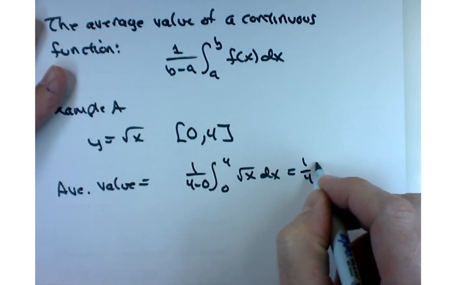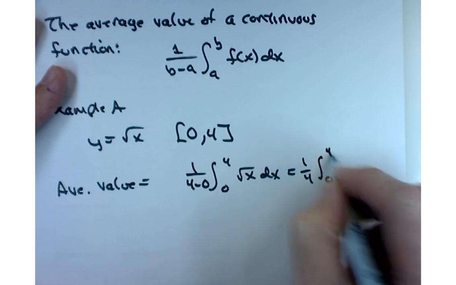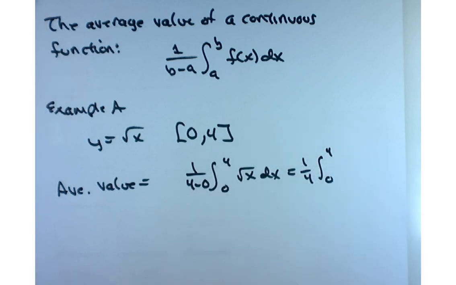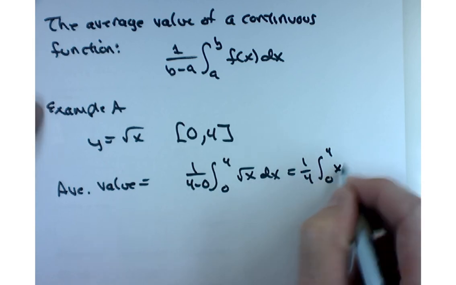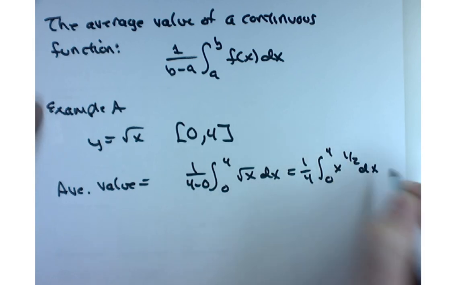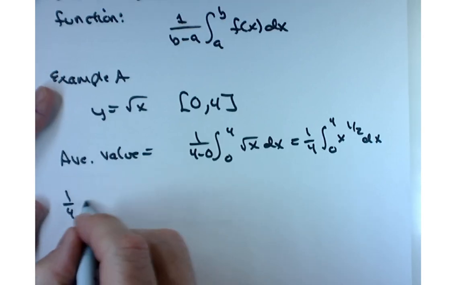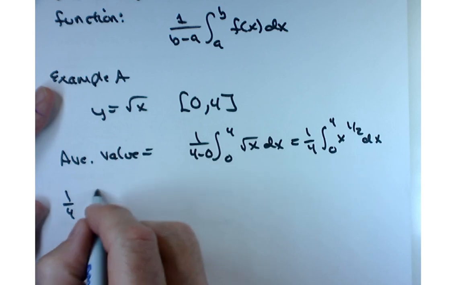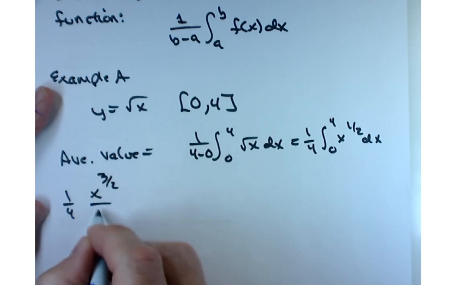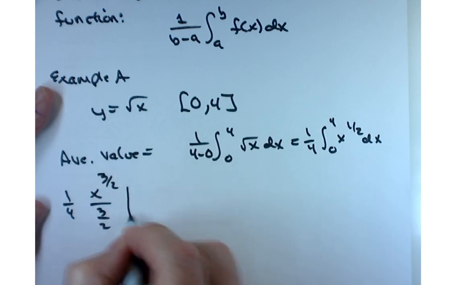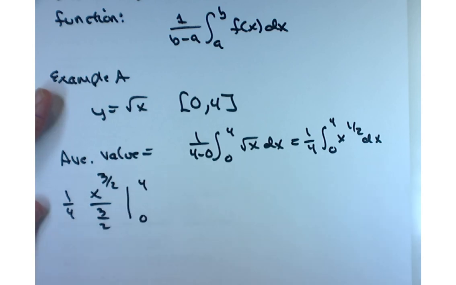First of all, write that as 1 over 4 times the integral between 0 and 4. What other change would I make to my integral? Perfect. x to the 1/2. So that's going to be 1/4, and then x to the 3/2 divided by 3/2, evaluated between 0 and 4.